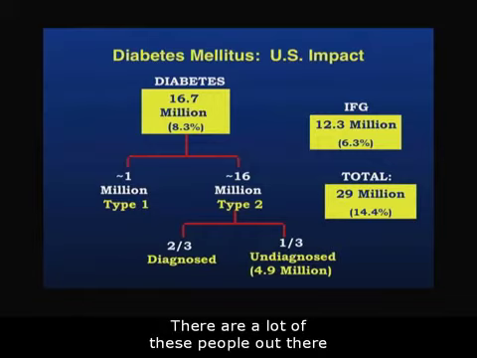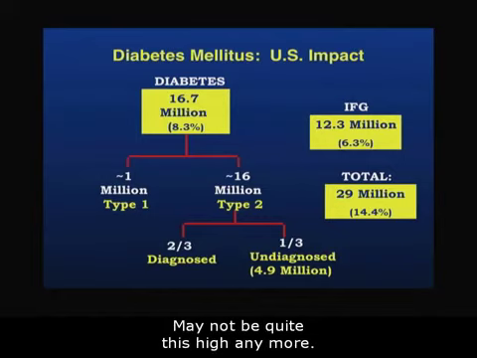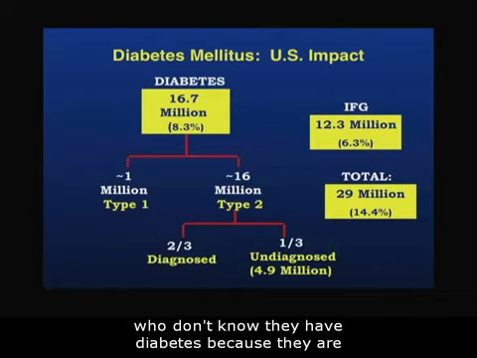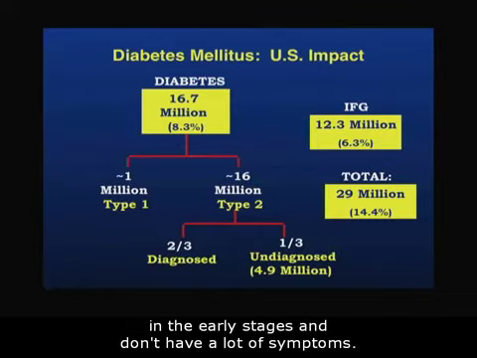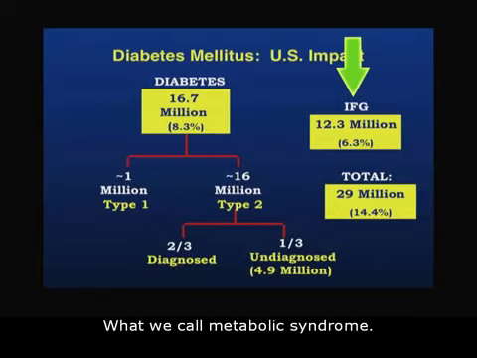There are a lot of these people out there who are not yet diagnosed, so that's sort of interesting. Probably millions of people. It may not be quite this high anymore, but there are millions of people who don't know they have diabetes because they're in the early stages and don't have a lot of symptoms. And then there are a whole bunch of other people who have prediabetes, or what we call the metabolic syndrome.